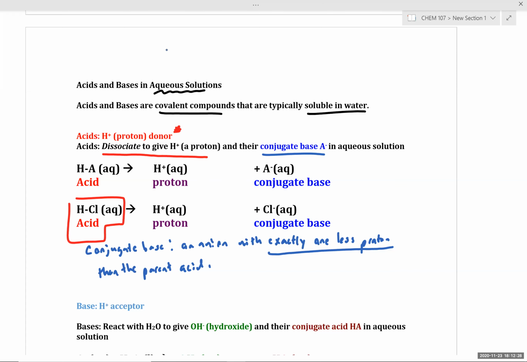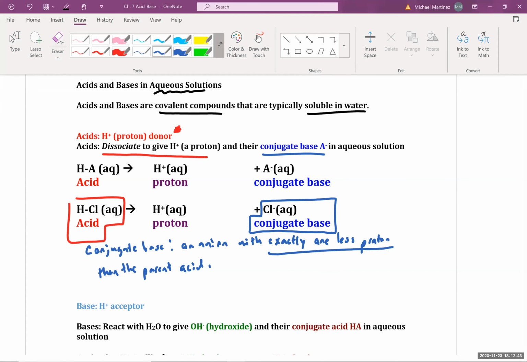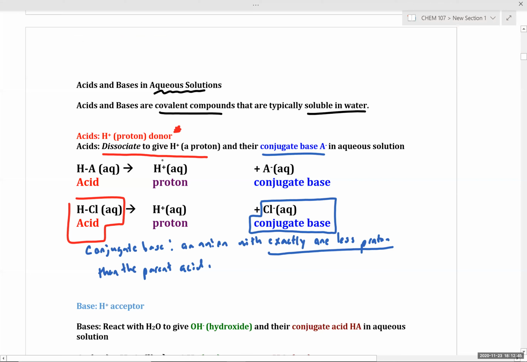Would someone like to type it out or say it verbally or in the chat? Yep, Cl, and more specifically, Cl minus. Perfect, perfect. Always make sure to mention the charge because as we'll see later on in the chapter, the charge has a pretty dramatic effect on acidity.